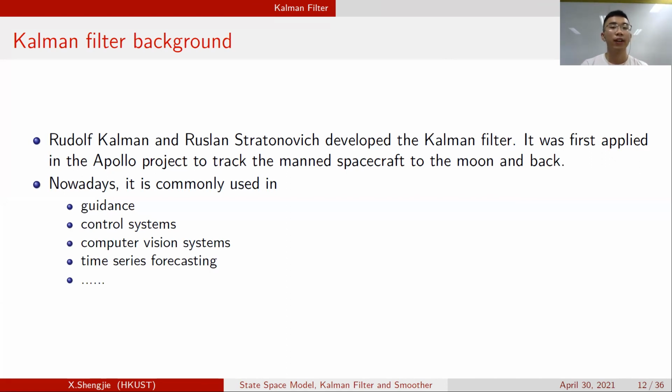Nowadays it's widely used in many areas like control systems and computer vision systems. And for our students, more importantly, it's quite useful in time series forecasting. With this state-based model, we can forecast the price, the volatility, and the trading volume, as we will see in a later chapter. So this is the background of the Kalman filter.